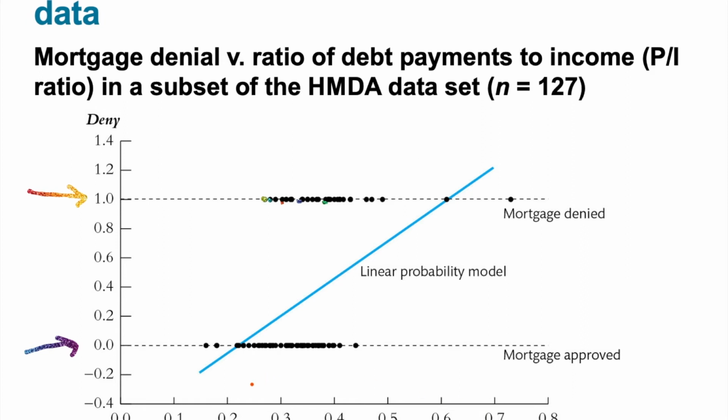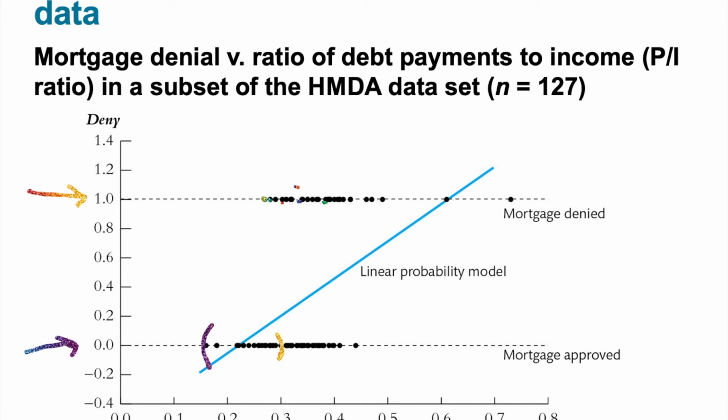For payment to income ratios that are pretty low, say below 0.3, most are mortgage approved. There are a couple which are denied at 0.3 and below, but most are approved, which is what you would expect for a low payment to income ratio. The less of your income that has to go to your mortgage payment, the more likely you are to be approved, all else equal.